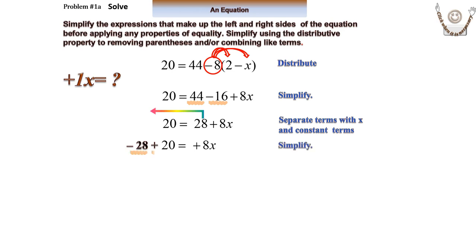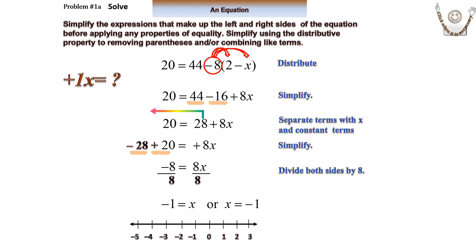This will be negative 8. And now we have negative 8 equals 8x. We are looking for positive 1x, so we have to divide both sides by positive 8 and x is negative 1, or we can turn around and show x is just negative 1 as a dot on the real number line or as a number within curly parentheses.